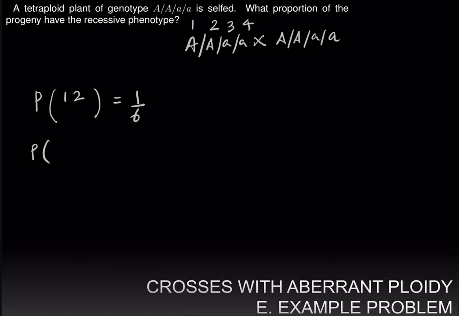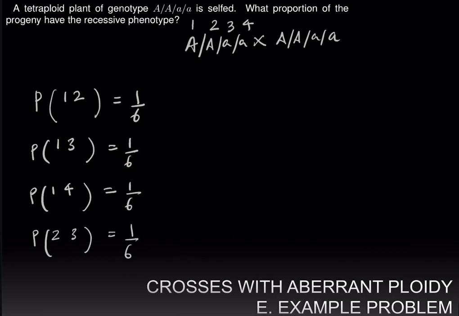The probability of choosing 1, 3 is 1/6. The probability of choosing 1, 4 is 1/6. The probability of choosing 2, 3 is 1/6. The probability of choosing 2, 4 is 1/6. And finally, the probability of choosing 3, 4 is 1/6.